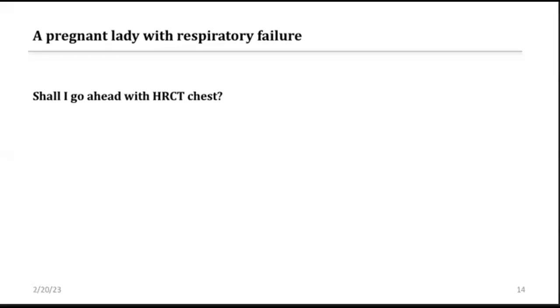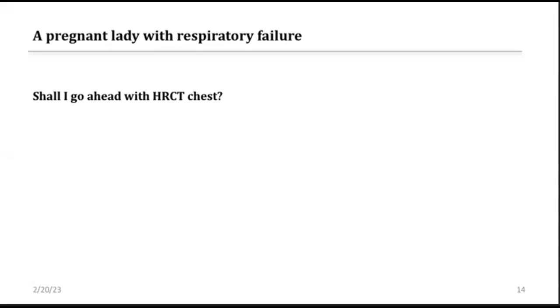As practicing clinicians, you have to give the proper information to the patient and get their consent. If you weigh the risk, the benefit far outweighs the risk, and absolutely you have to go for it. Thank you very much, Sachini.